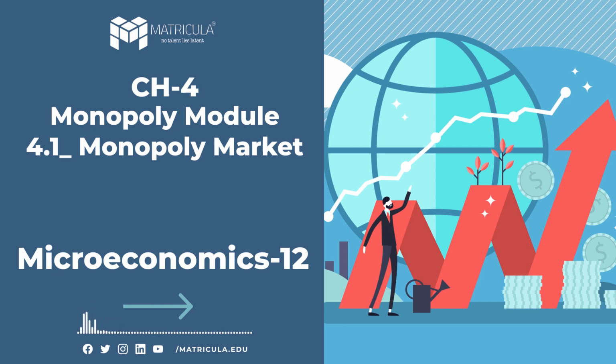When price per unit is 5 and quantity is 4, then TR is 20, AR is 5 and MR is 2. When price per unit is 4 and quantity is 5, then TR is 20, AR is 4 and MR is 0.